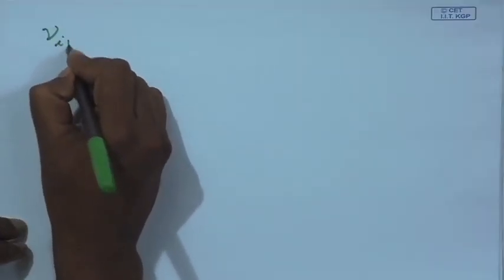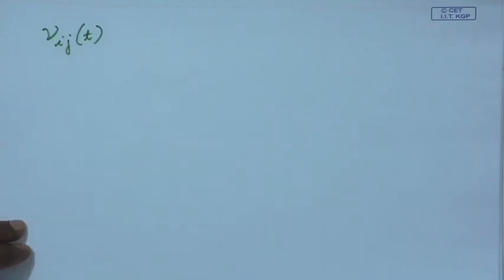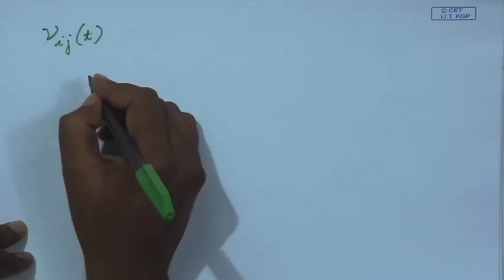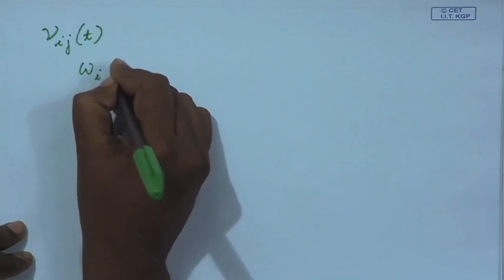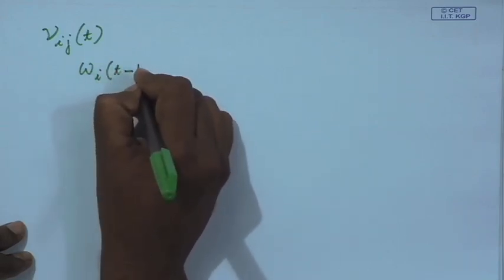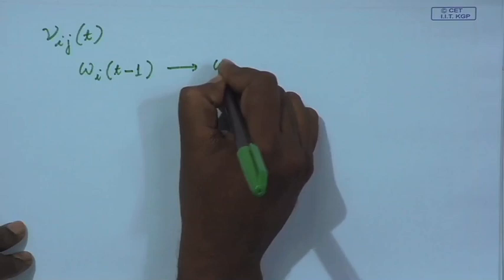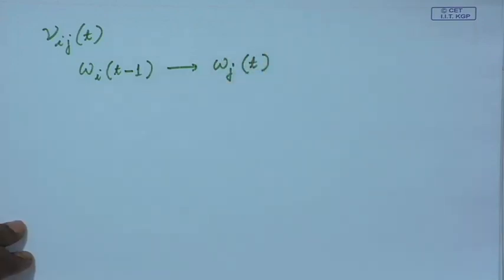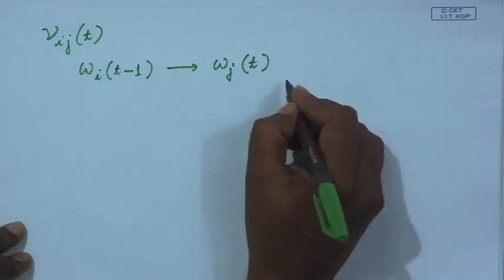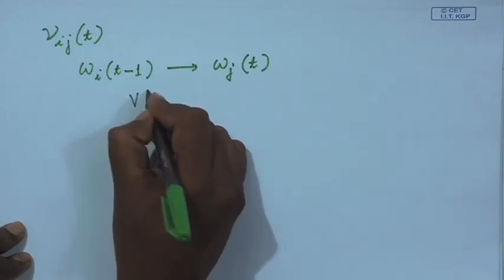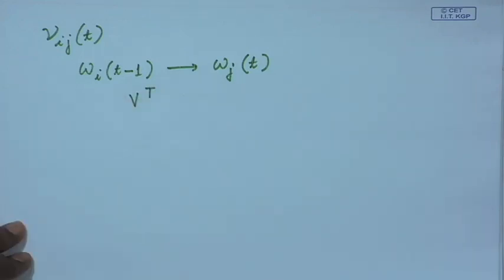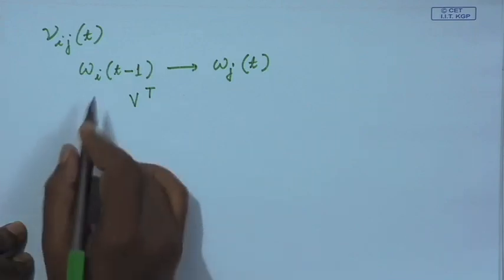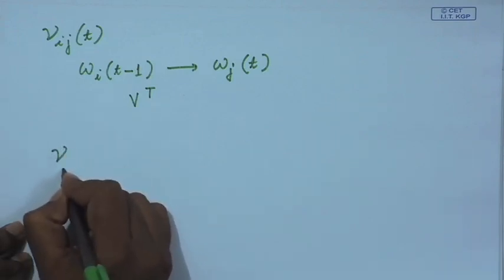So, I define gamma i j t, that is the probability of transition from state omega i at time step t minus 1 to state omega j at time step t. I define this, and this is defined for a particular training sequence, say V T. So, what I can do is I can define this gamma i j t.